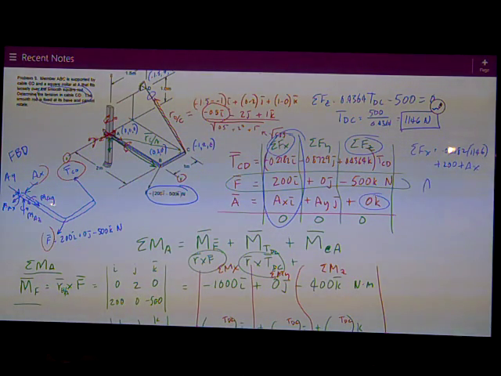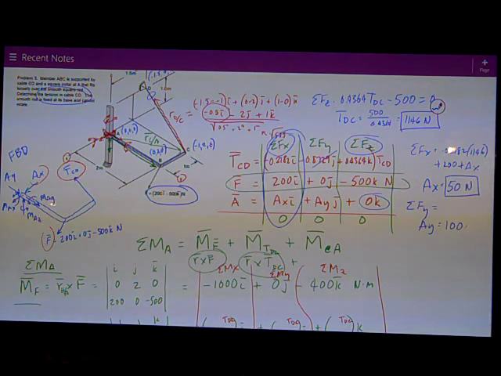That makes AX equal to, you do all the math, positive 50 newtons. Do the sum of the forces in the Y, and I can solve for AY by plugging in what I know for TDC. It's just 0.8729 times 1146, and that gives AY equal to 1,000 newtons.